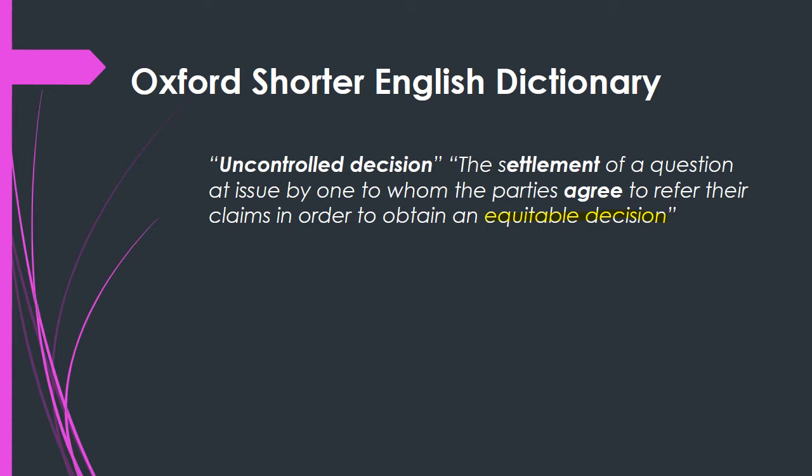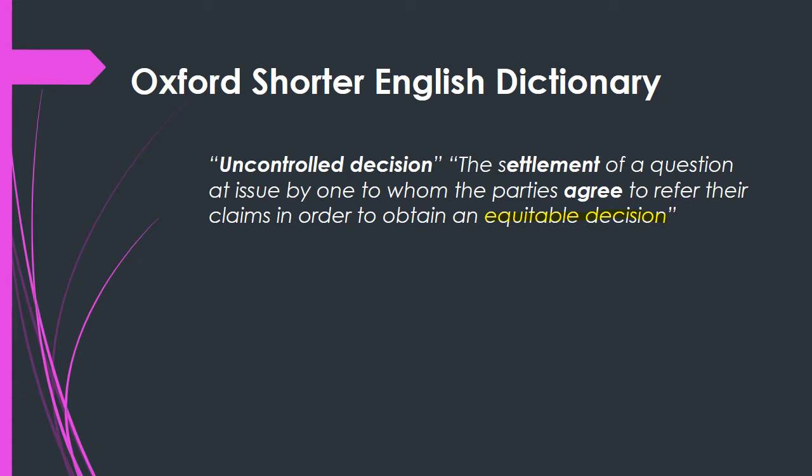First is settlement of a dispute. Second is parties agree. Third is equitable decision. It doesn't go into detail whether it is private or who will give the decision, that being the arbitrator and all of that. So it doesn't specify as many of the features of arbitration as Brown and Marriott does.